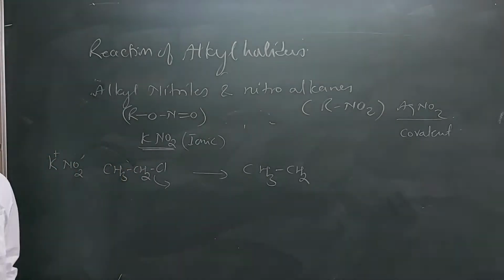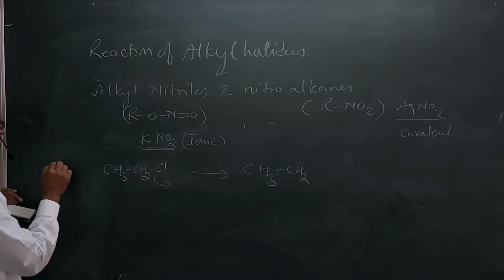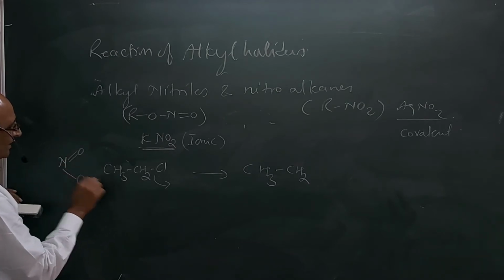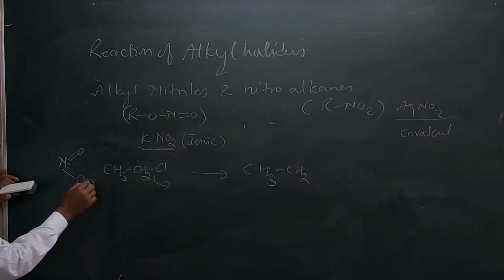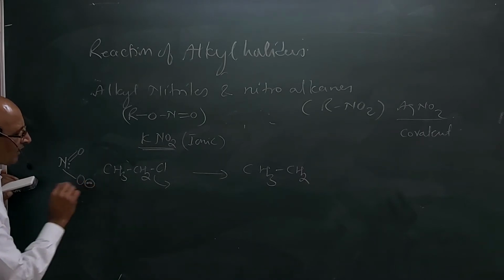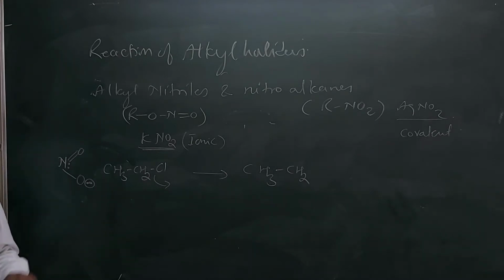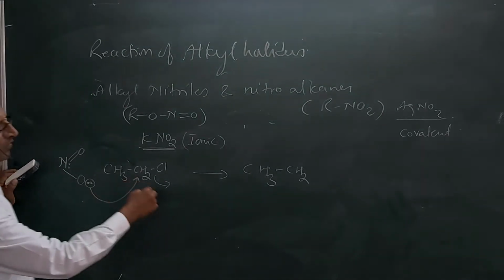As it is ionic, here N=O and O minus, all the atoms have lone pairs of electrons. The negative charge means it also has a lone pair of electrons, and so the oxygen donates the electron pair to this carbon, and chlorine is cleaved.